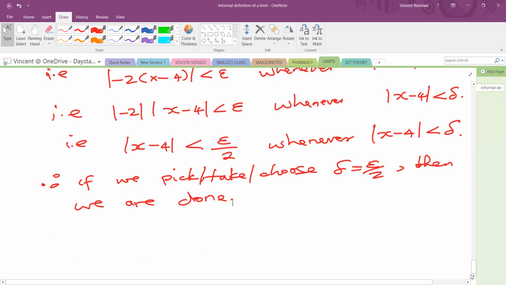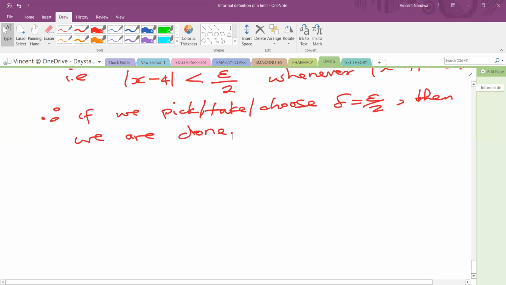And then a last example on this is that you may be given a limit and asked to find either delta or epsilon that satisfies the given expression.